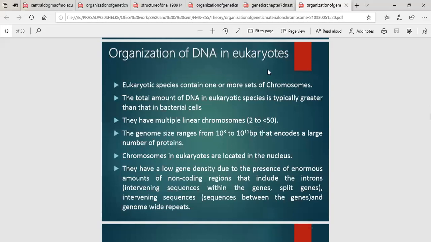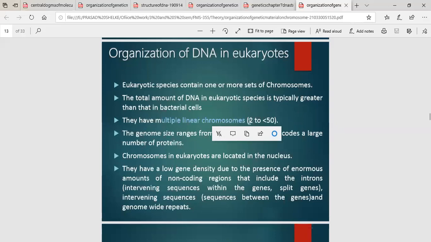So now the organization of DNA in eukaryotes. Eukaryotes are individuals having one or more cells. Eukaryotic species typically have a chromosome structure, a nucleus and nuclear membranes. They have multiple linear chromosomes. Linear chromosome means it is not a coiled or circular chromosome.